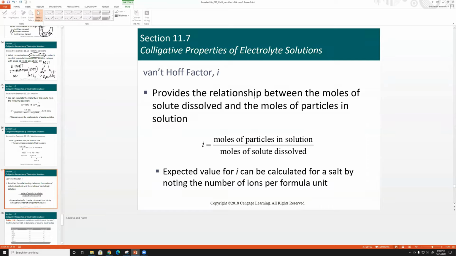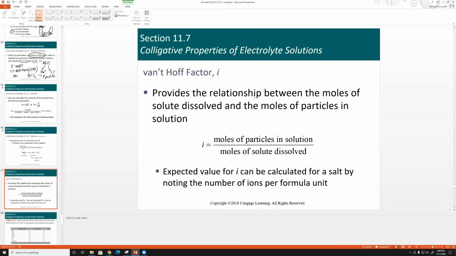If you have a non-electrolyte, something like a sugar, the Van't Hoff factor would be 1. We've seen that in all of our examples so far, except for the last one. NaCl would have a Van't Hoff factor of 2. FeCl3 would have a Van't Hoff factor of 4, because it corresponds to the number of particles per molecule that are going to be ionized or broken apart when they're in the dissolved solution.